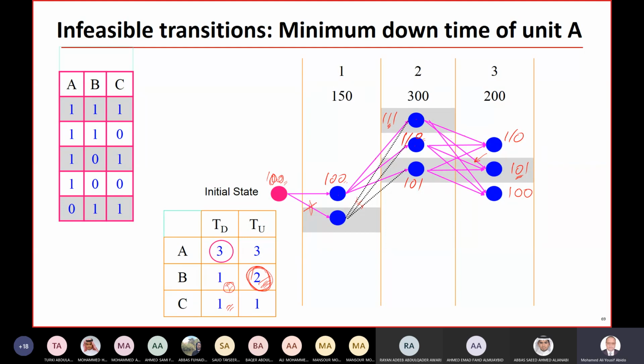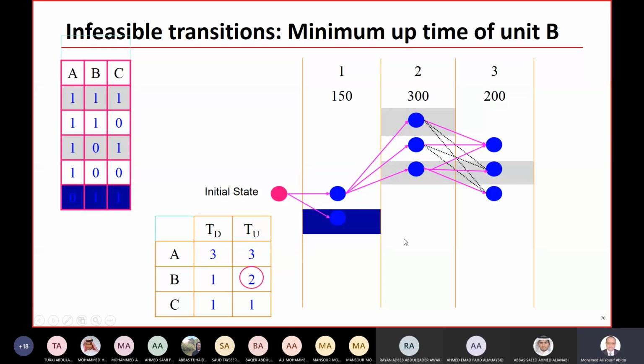Okay? So then you can proceed to the other combinations according to these constraints. This is the case here, and for this one also it will be broken. No, this is 111, and this is 101, or 110.